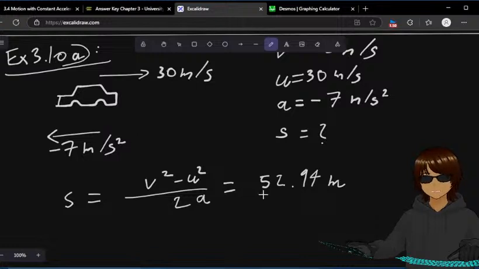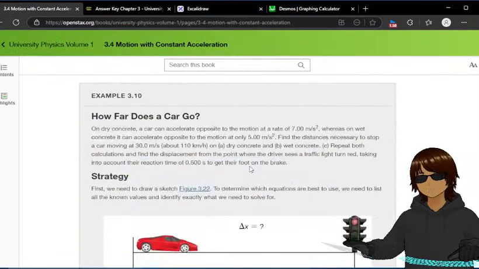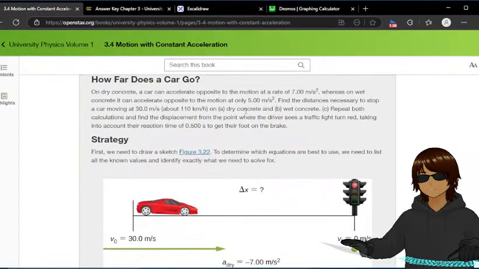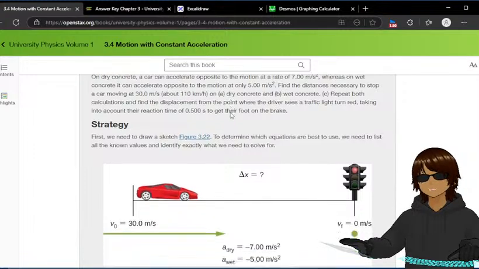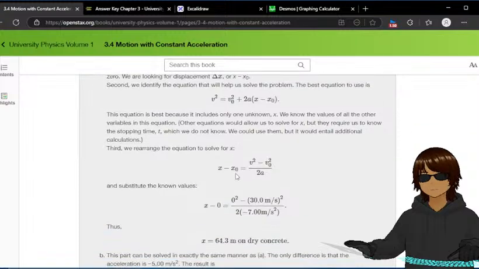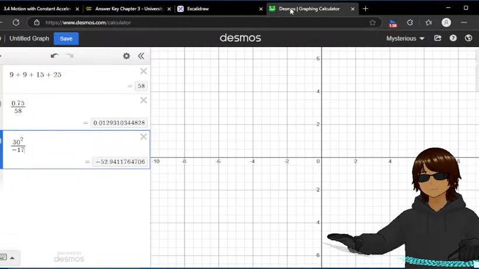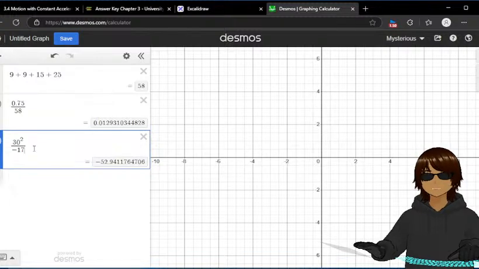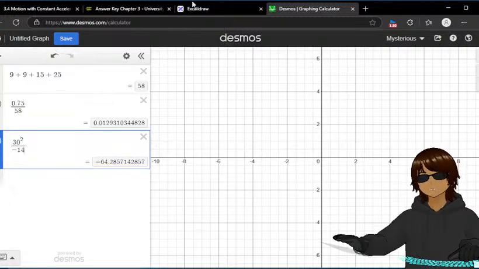So it has to be at least this many meters. So the car has to be at least that much away. And we need to do this again for wet concrete. Let me see if it's correct for dry concrete. They got 64.3. Oh wait, it's minus 14.